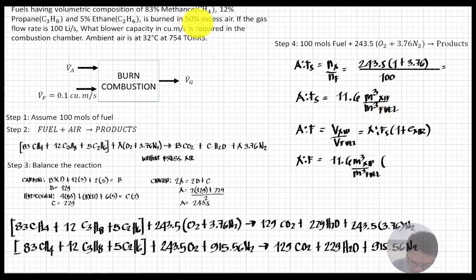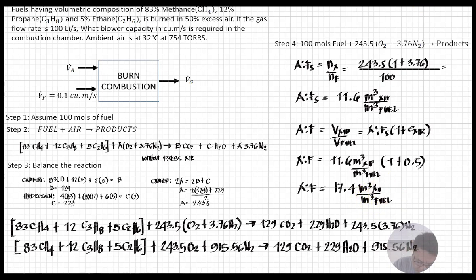Taking note that we have 50% excess air in the problem given, I'm going to multiply by 1 plus 0.5 for your excess air. Then finally, distributing that, the value we have is 17.4 cubic meter of air over cubic meter of your fuel.